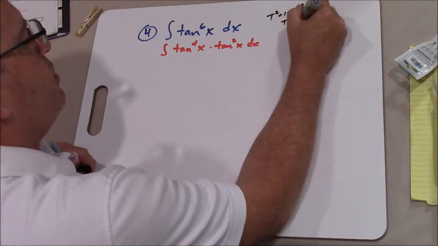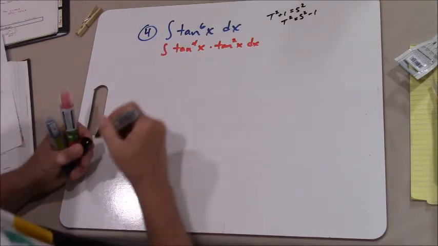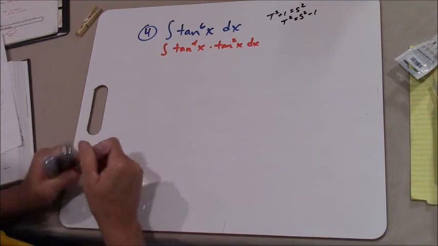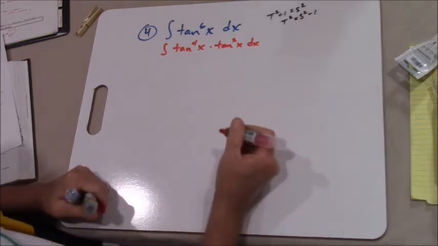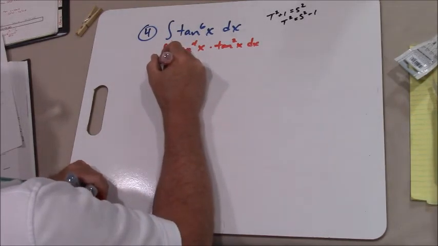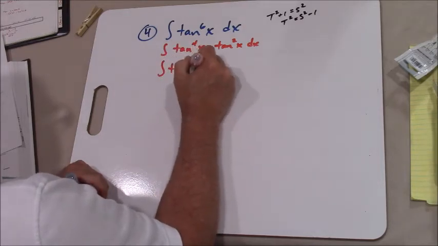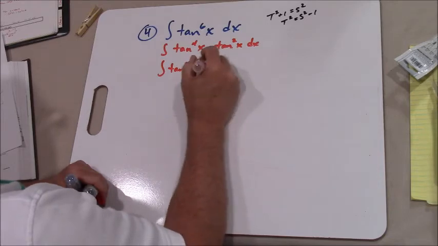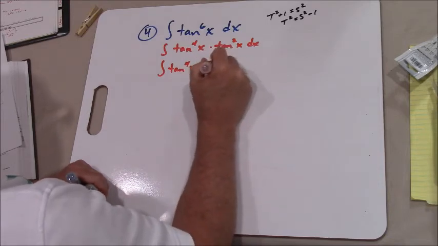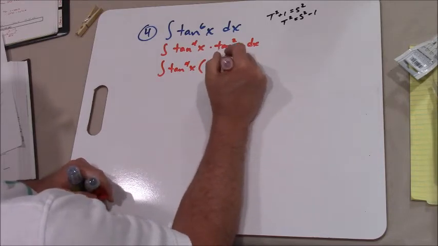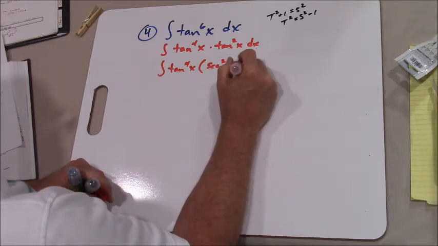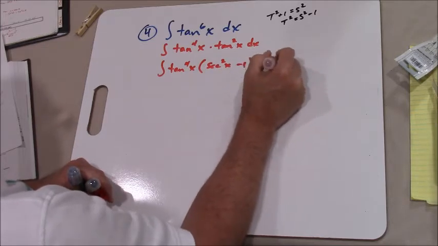So tangent squared would equal secant squared minus 1. And so if I did that, I would have tangent to the 4th of x times a secant squared of x minus 1 dx.